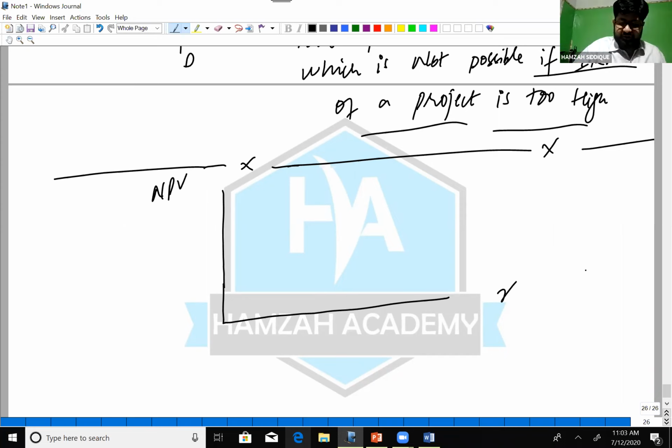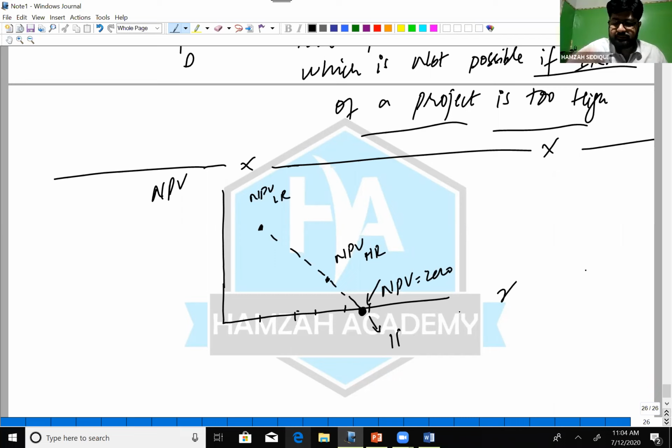We got, for example, first NPV positive at one rate, and another rate that was also positive, if you remember. Both were positive. So this is NPV at lower rate. This is NPV at higher rate. Both were positive. So how do we calculate IRR? In this way. At this place, NPV is 0. And this rate, whatever it is, this is IRR. You see, this is IRR.